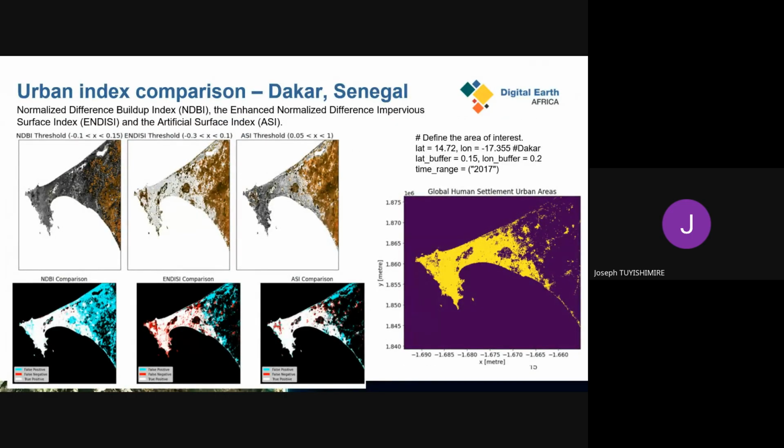In the case of Dakar, we used three indices: the normalized difference built-up index, the enhanced normalized difference impervious surface index, and finally, the artificial surface index.